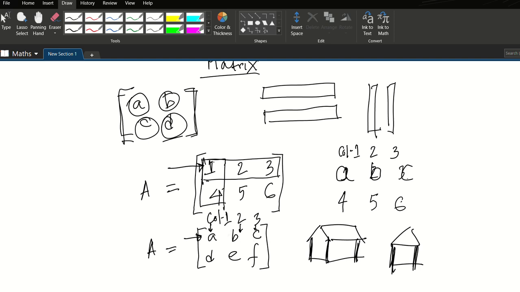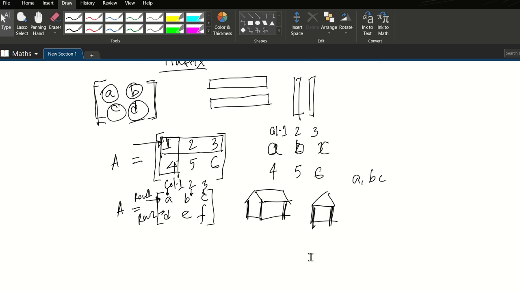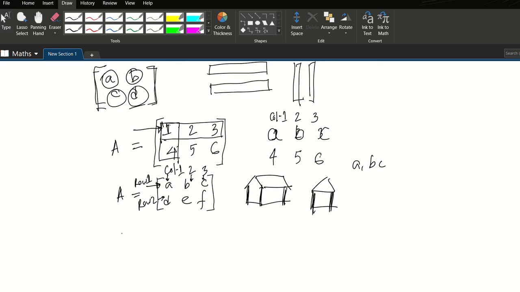So this is row 1, and this is row 2. In row 1 there are A, B, and C, and in row 2 there are D, E, and F. We don't put commas in between the elements.